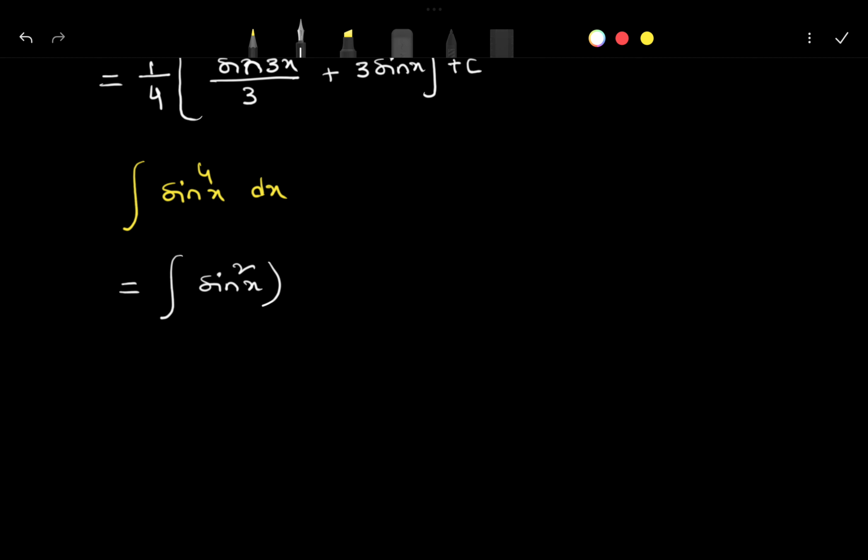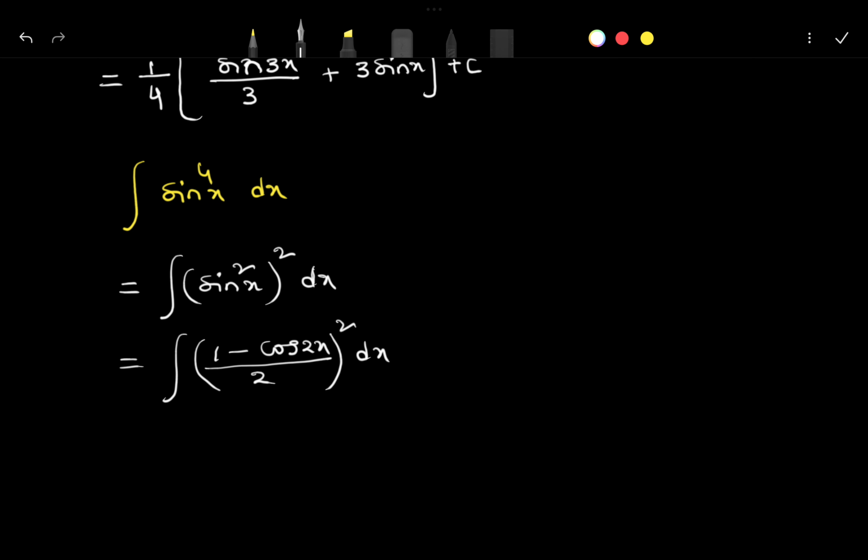You know already, from the very first question, how we can modify sin square x: we write it as 1 minus cos 2x whole divided by 2. You can replace sin square x with this, whole square, into dx.